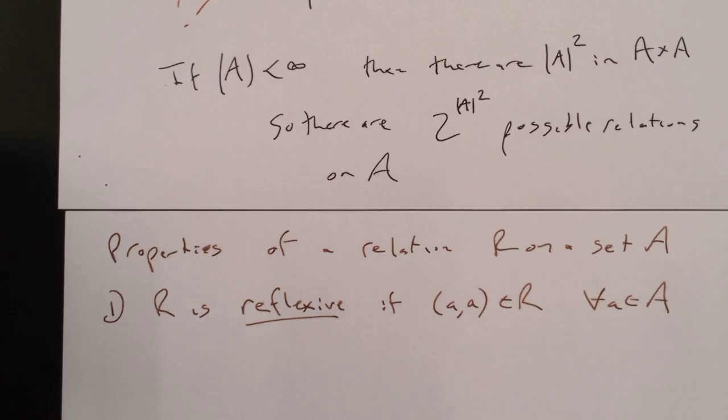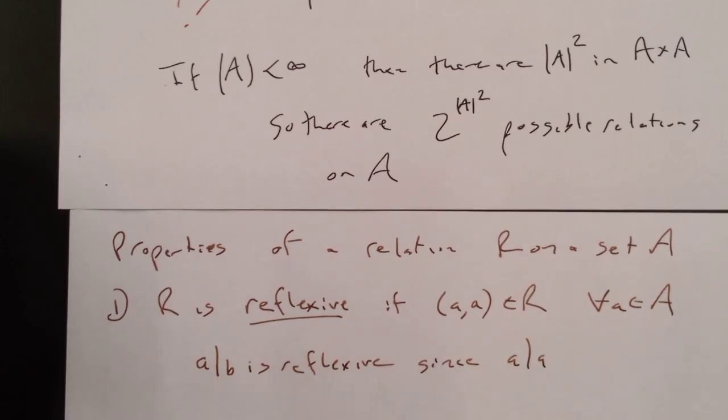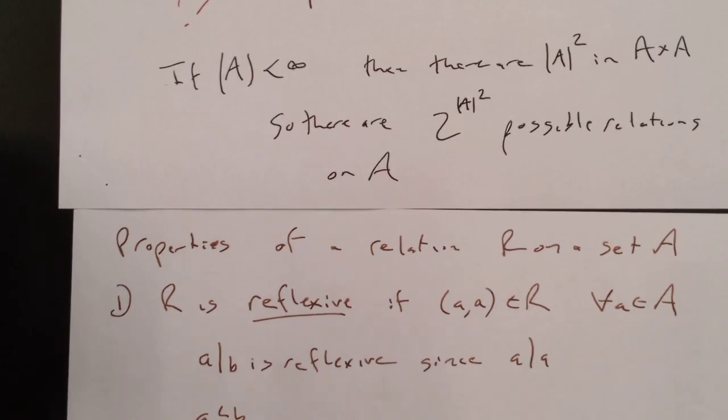Evan? The A divides B one, right? A always divides itself. 0 is no zeros with 0 left over. And A less than or equal to B is reflexive. Because A is less than or equal to A.